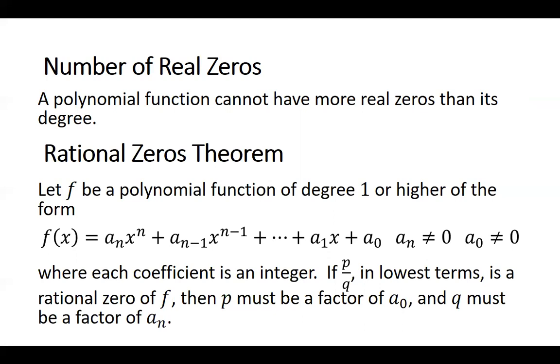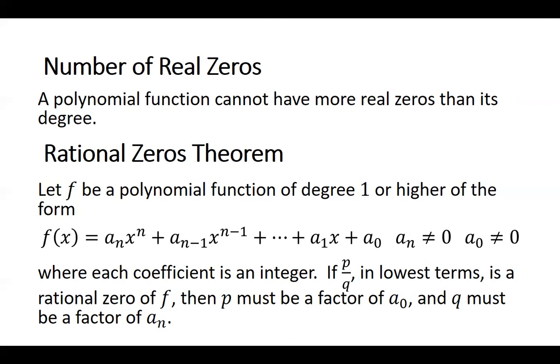Say what? Basically what this is saying is that if we have a polynomial function, we can look at the leading coefficient and the constant term, factor those two values, and use them to find all of the possible rational zeros. It doesn't tell us that they are rational zeros, but it gives us a listing of all the possible rational zeros.